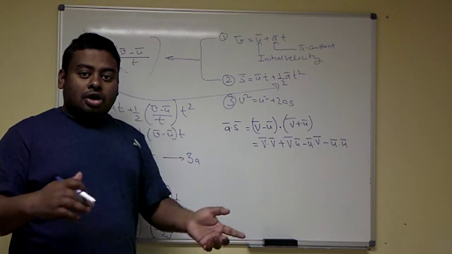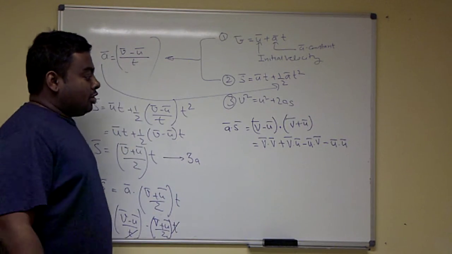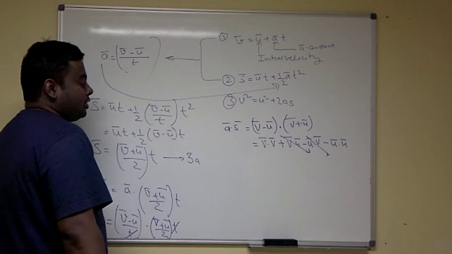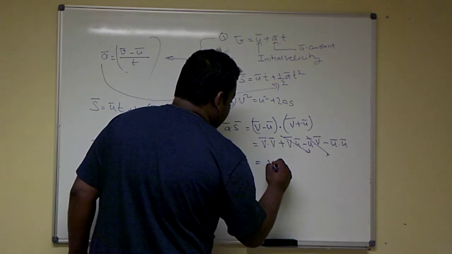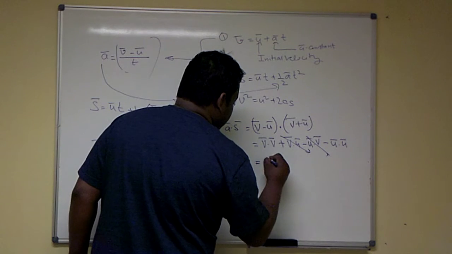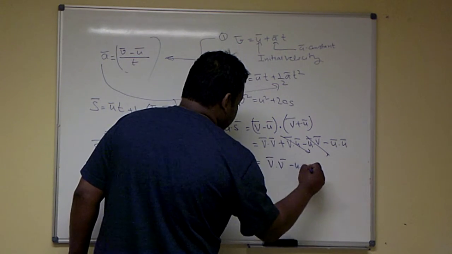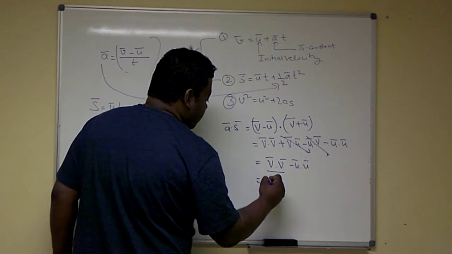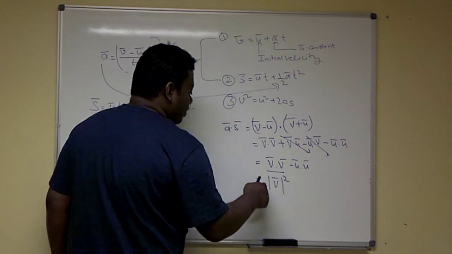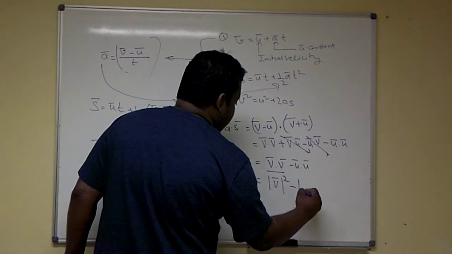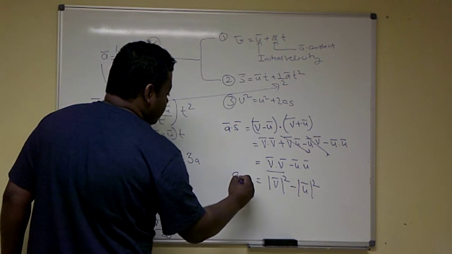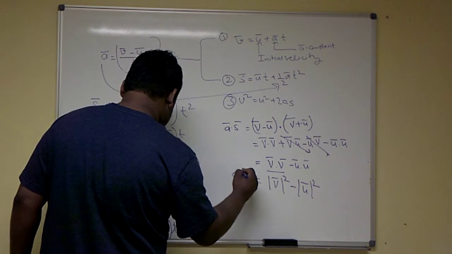So v dot u and u dot v will cancel with respect to each other, giving us v dot v minus u dot u. And this v dot v, you can write in terms of the magnitude of the final velocity squared minus the initial velocity squared equals a dot s.